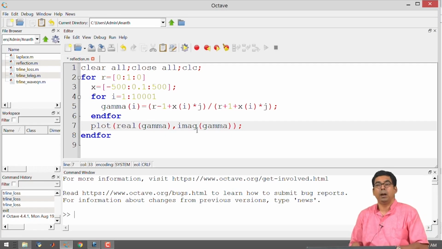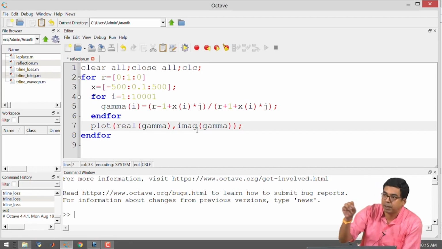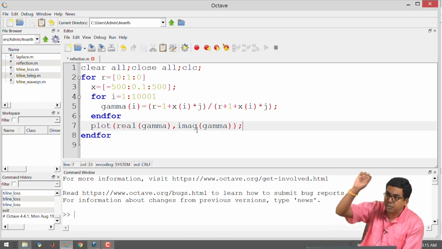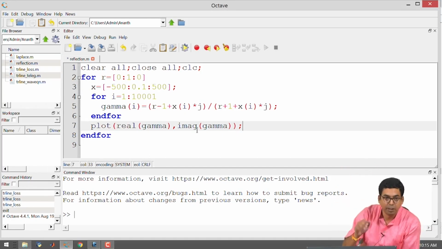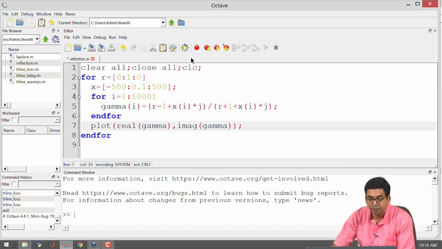This is going to be otherwise known as complex gamma plane. The complex gamma plane, I am just using the real part, I am going to be taking it as the x-axis. Imaginary part is going to be the y-axis, and I am going to place a point corresponding to the calculation. Okay. And I am just going to run this, right.